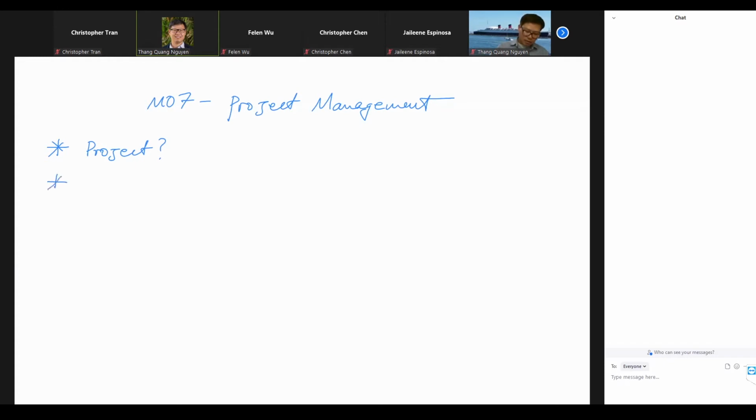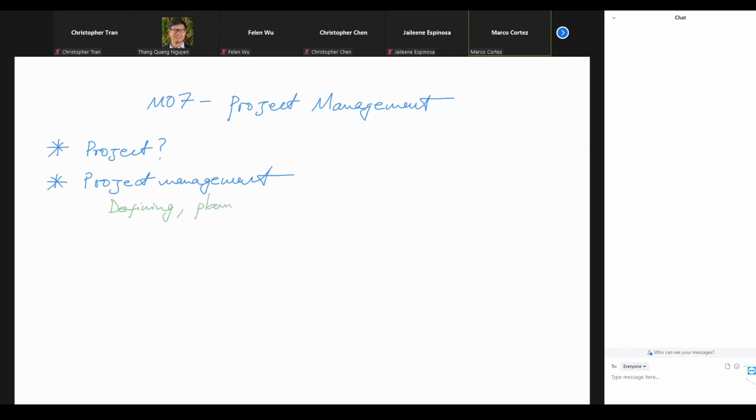And then to manage our project, we have to do the following. We have to do defining and then planning, controlling, and we have to close it, right?